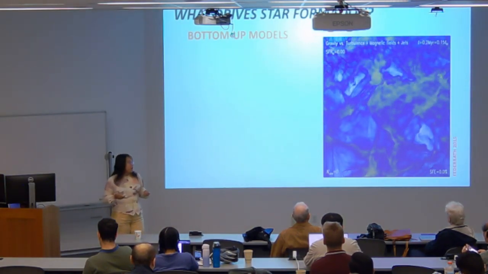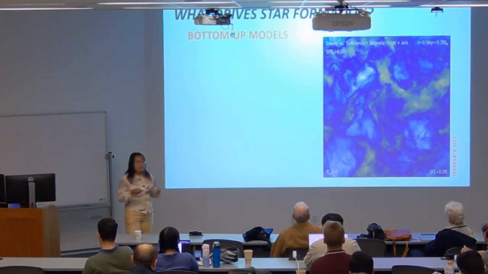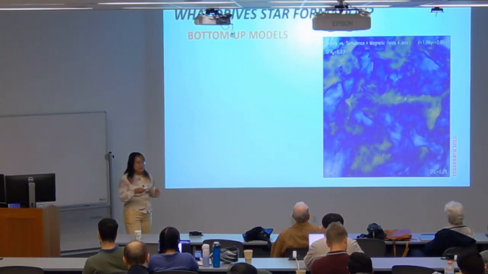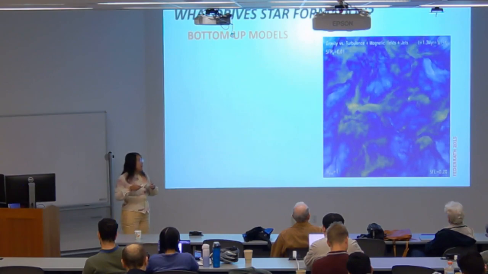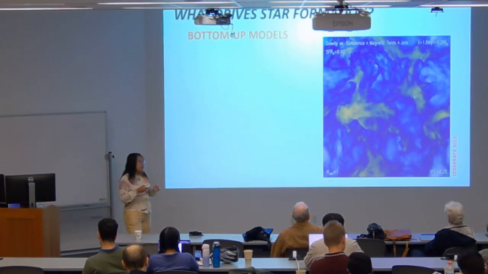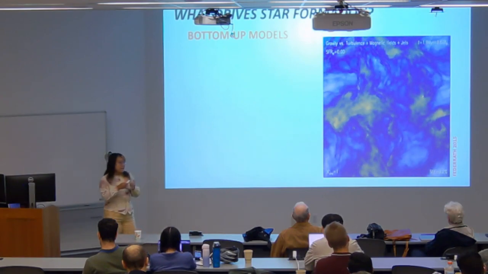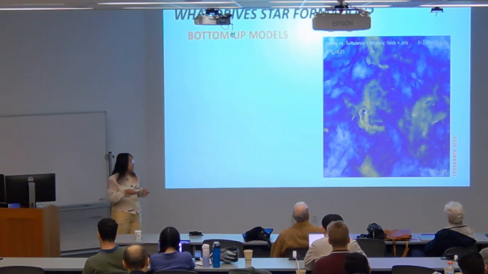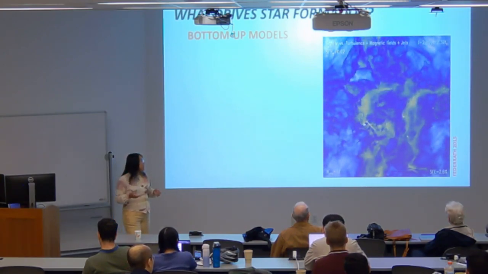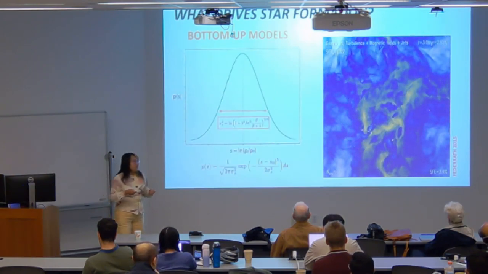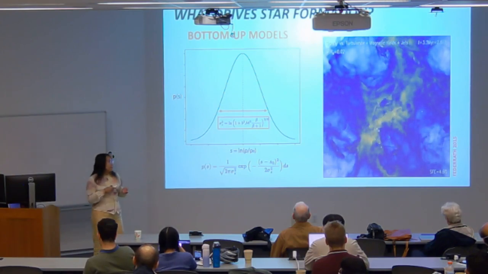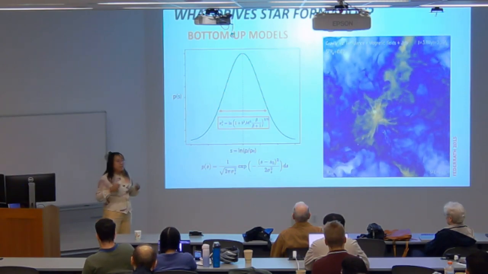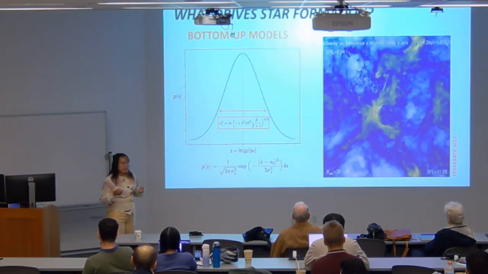Another category of models is the bottom-up model, where the physical relations of the small scales are summed up to get a relation on large scales. We're interested in the properties of the gas right next to the stars forming. In this kind of model, we can say that there's a distribution of gas that has a log-normal PDF shape, the width of which is determined by how much turbulence there is in the cloud of gas.